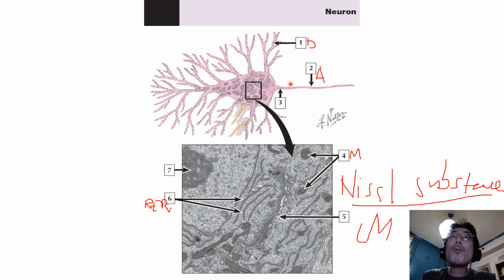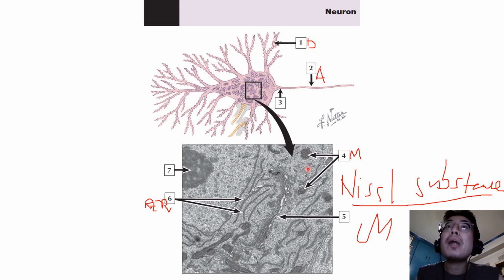The part of the axon that comes into contact with the soma or the body of the neuron is called the axon hillock. In the electromicrograph, we can see the darkly stained ovoid structures here with internal cisternae.